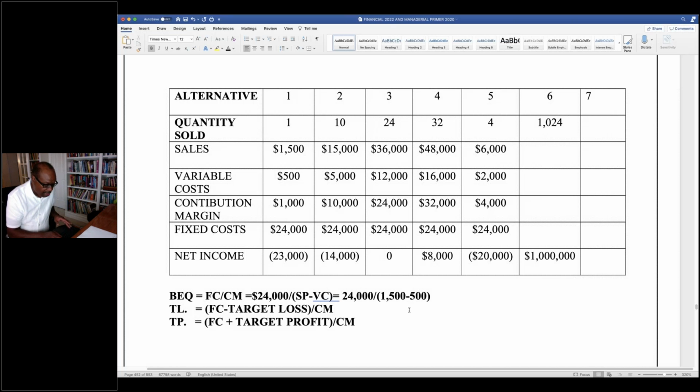So let's see if we can look at that. So the fixed cost was 24,000. Then we're gonna increase it by the target profit.